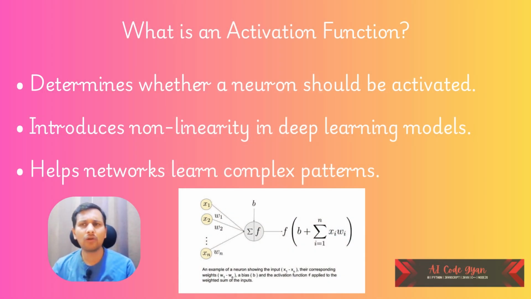Hello friends, let us talk about activation function. So what is an activation function? As we have covered in the last video, activation function is that factor which defines whether a neuron should be activated. It also introduces nonlinearity in deep learning models and it helps networks learn complex patterns.